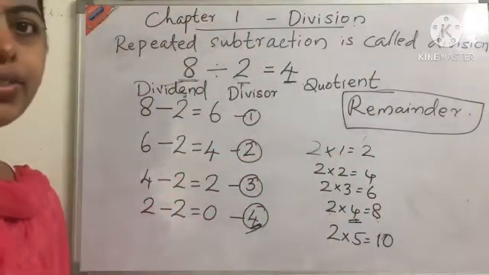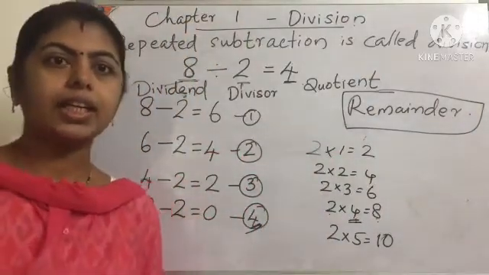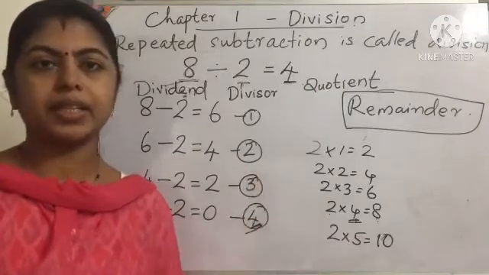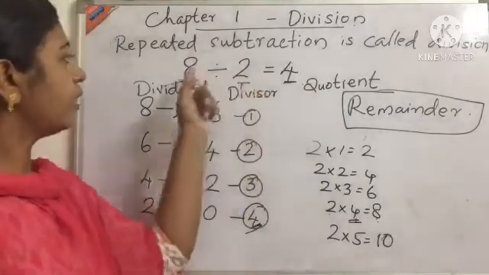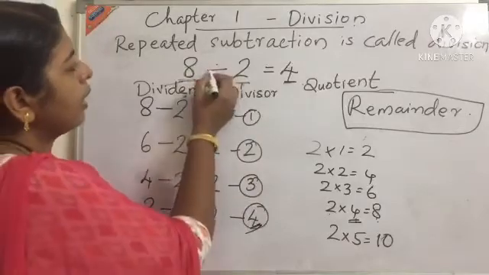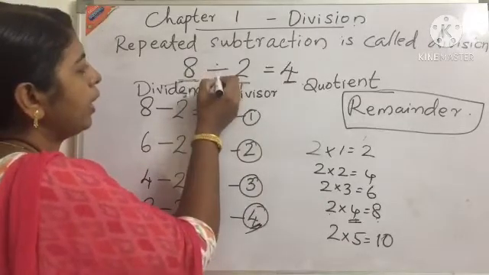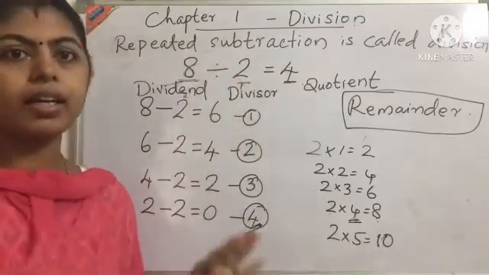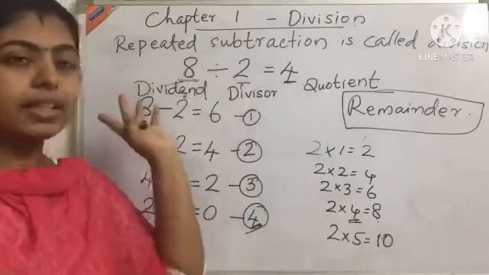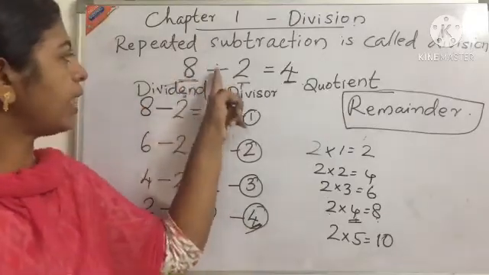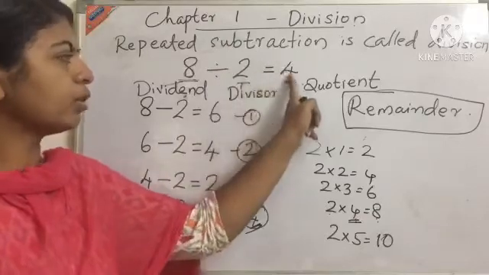What are the things we discussed? Division is the repeated subtraction. We use this symbol, one line with two dots up and down, called the division symbol. 8 divided by 2 equal to 4.